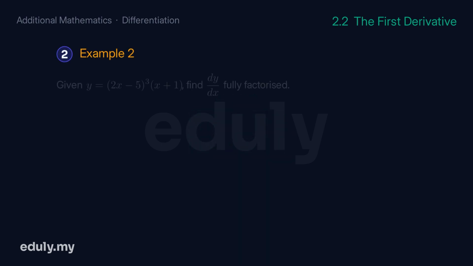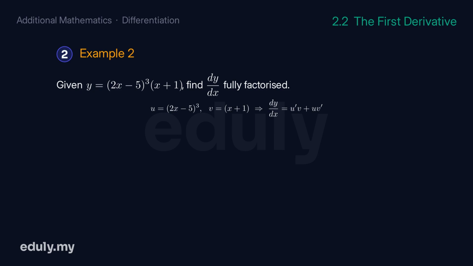It is given that y equals the bracket 2x minus 5 cubed times x plus 1. Find dy over dx, expressing your answer as a fully factorized expression. This is a product of two changing parts, so use the product rule from before. u is a composite function, a bracket cubed, so find u prime with the chain rule.